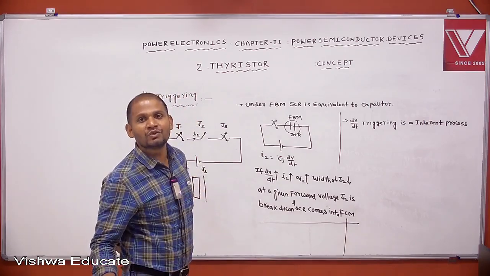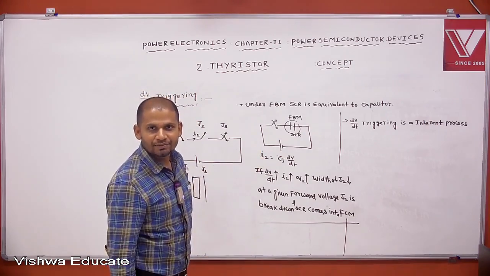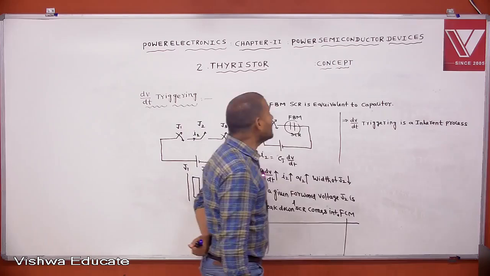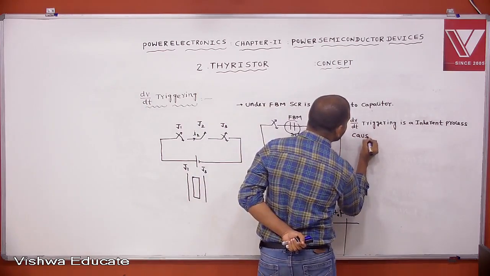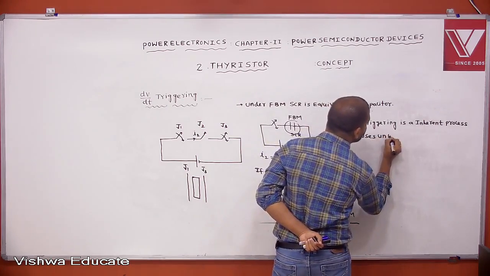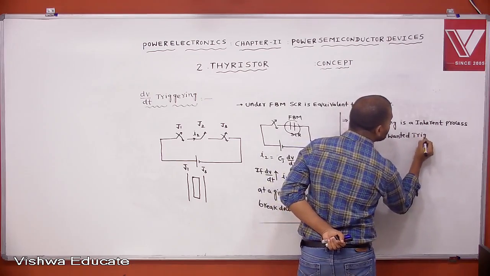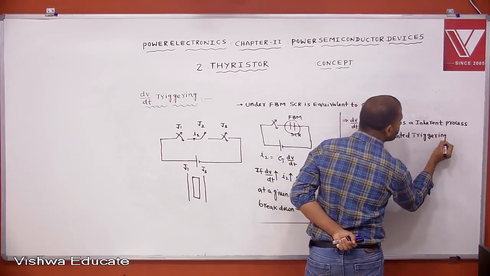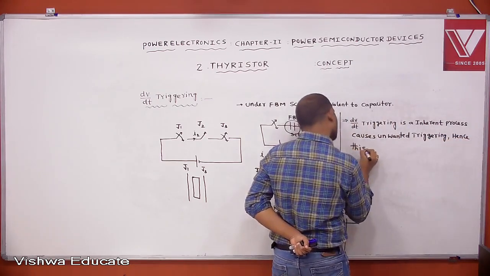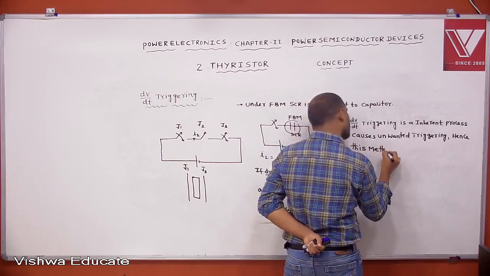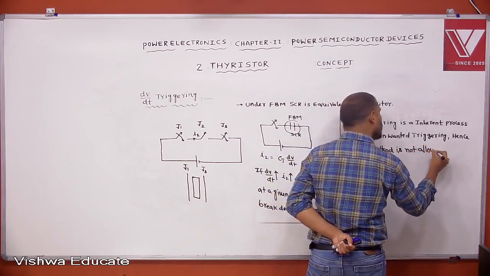If suddenly the switch is closed, because of that capacitor property, dV by dt triggering exists. That's why dV by dt triggering is an inherent process. An inherent process causes unwanted triggering. Hence, this method is not allowed practically.